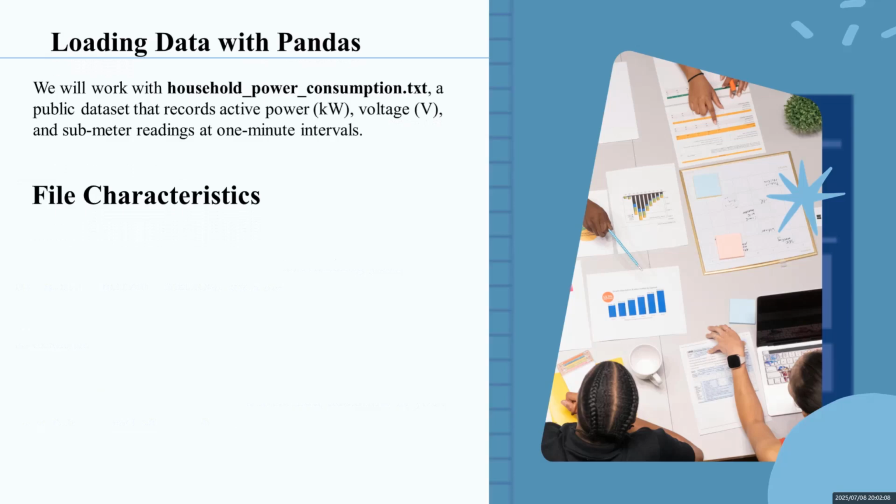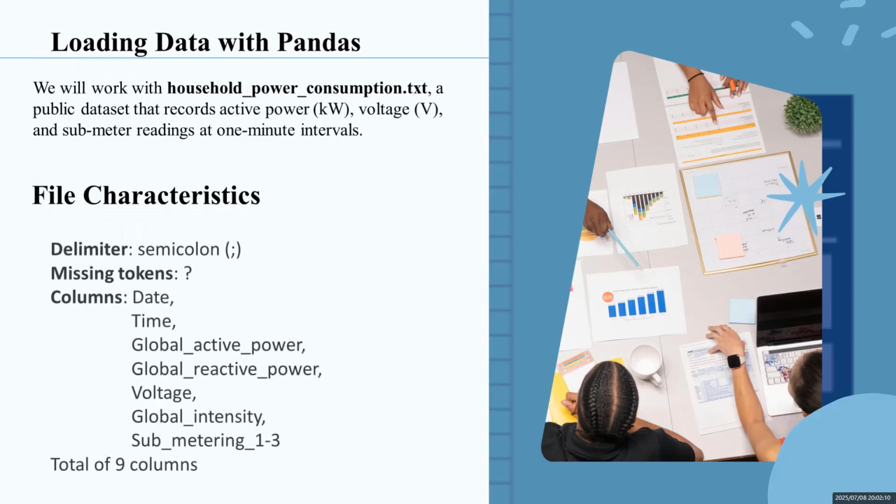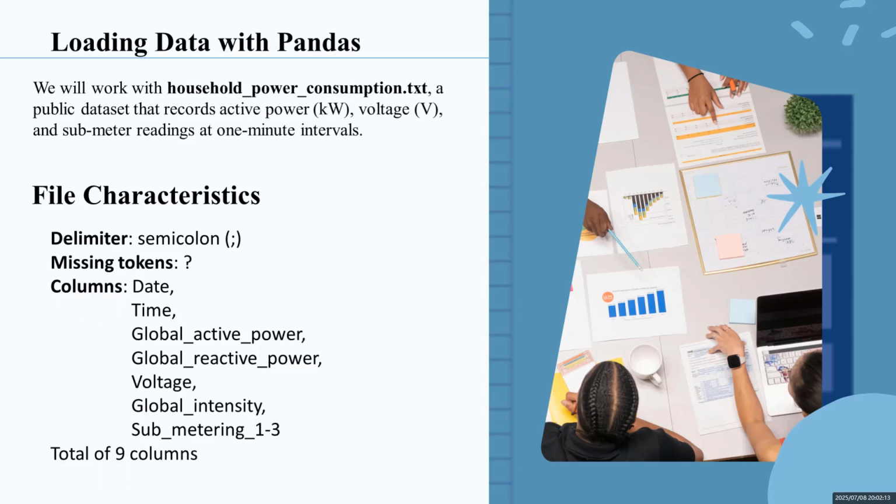Now, let's go to the field characteristics. We have the delimiter. If you look at the data set, it has a semicolon, which separates the information. We also have a missing token, which is symbolized with a question mark.